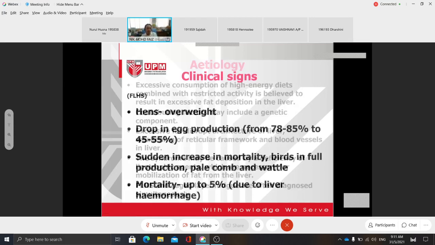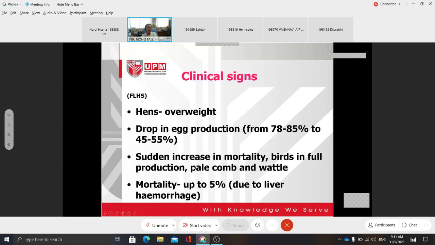The clinical signs are usually seen in hens that are overweight, because they eat so much. During this period, there'll be a drop in egg production, usually from 78 to 85% down to around 50%. There's a sudden increase in mortality, and in full production, you see pale comb and wattle. Mortality can go as high as 5%.